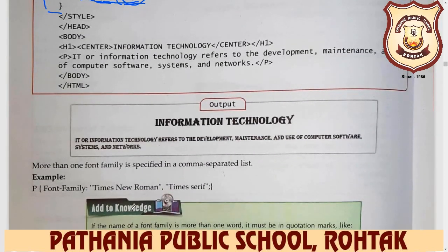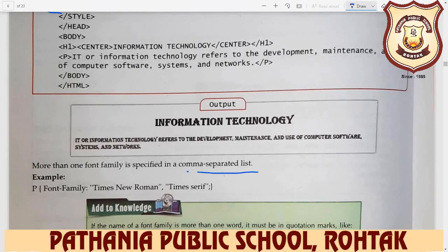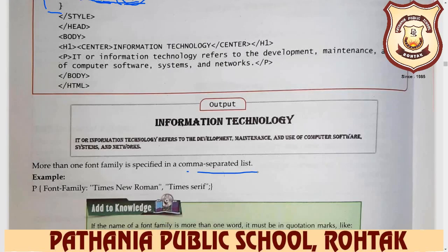More than one font family is specified in a comma separated list. For example, if you want your font face to be Arial and Arial Black, then you use the comma operator. First you write the selector, then the property name, then the value, for example Times New Roman, comma, Times Serif.